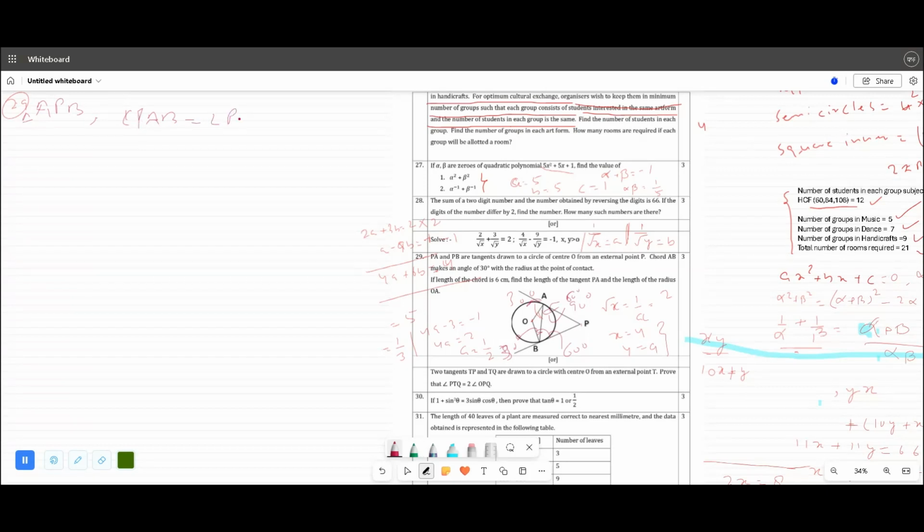If two angles of a triangle are 60, the third angle has to be 60 because the total sum has to be 180. That means angle APB is also equal to 60 degrees. So all three angles are 60 degrees. That means triangle APB is an equilateral triangle.